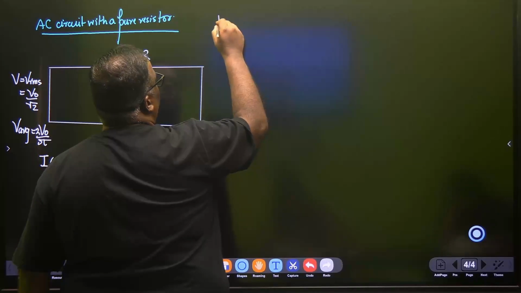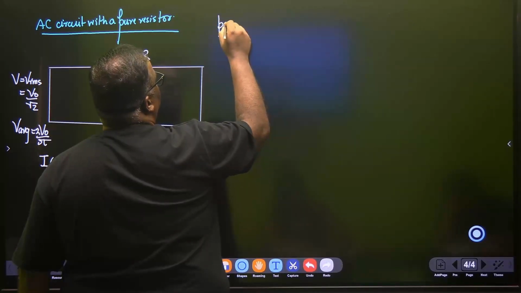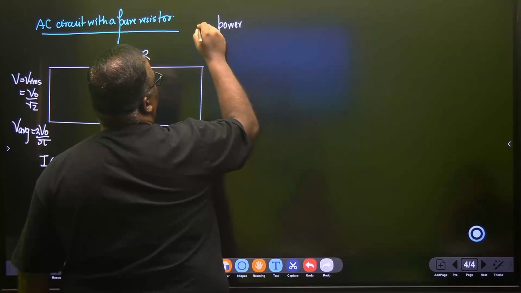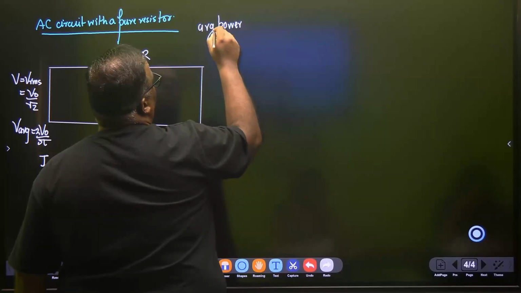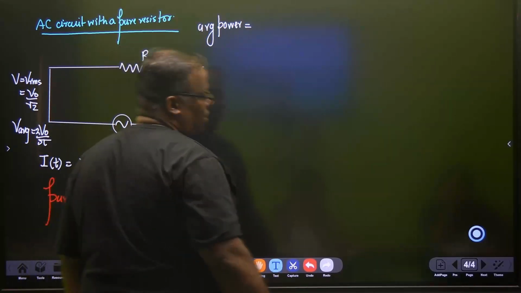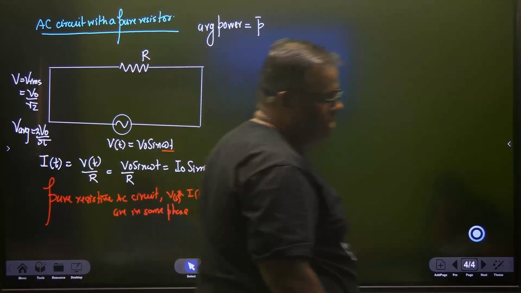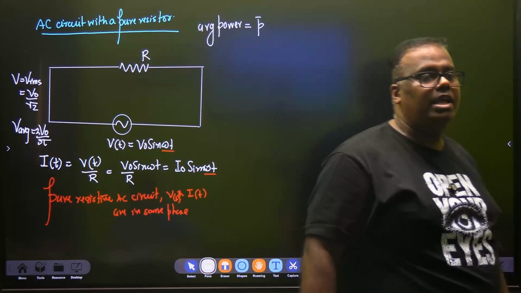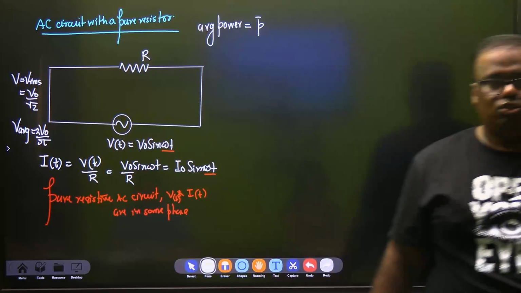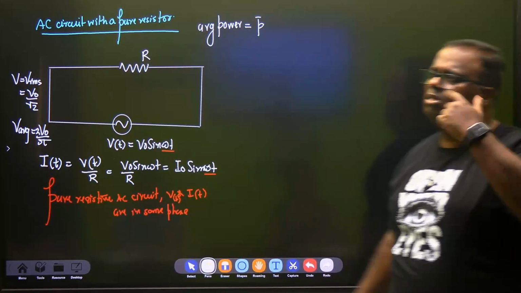So here we also calculate the average power of the circuit, which is denoted by P bar. Now you think power is equal to I square R. So you might say, sir, how can the power be zero?